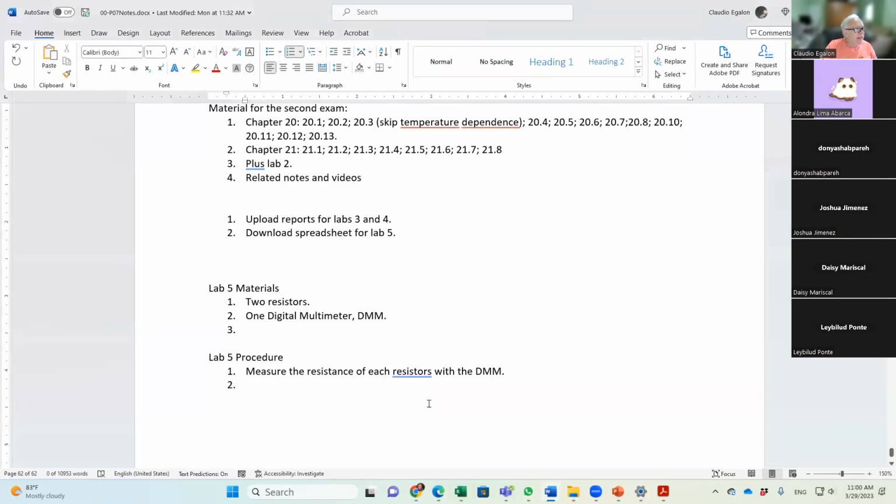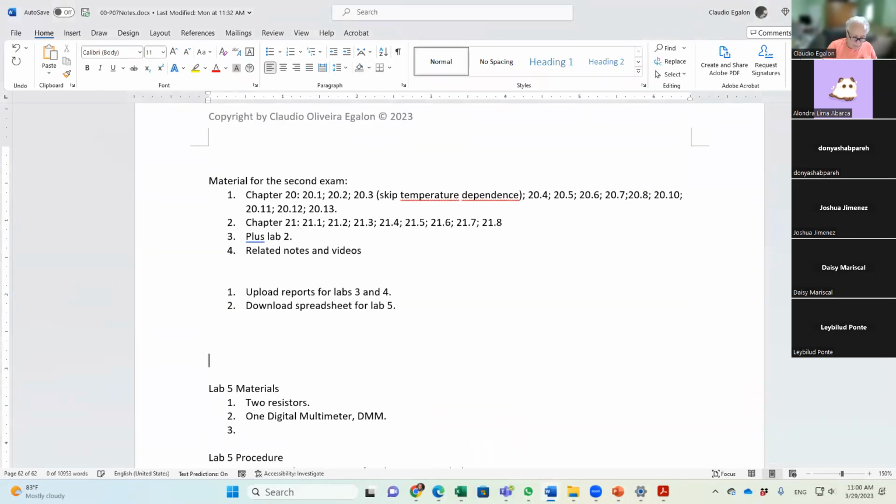And let me also write the objective of this experiment that I didn't write. Objective of lab 5: verify Ohm's law experimentally using a circuit with 2 resistors in series.